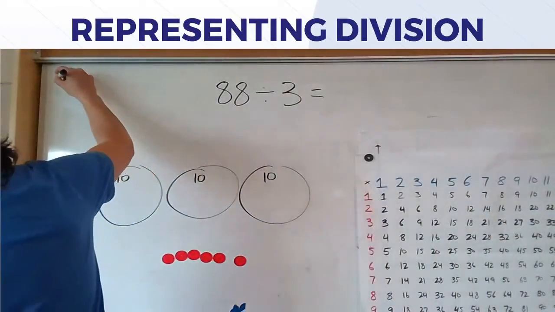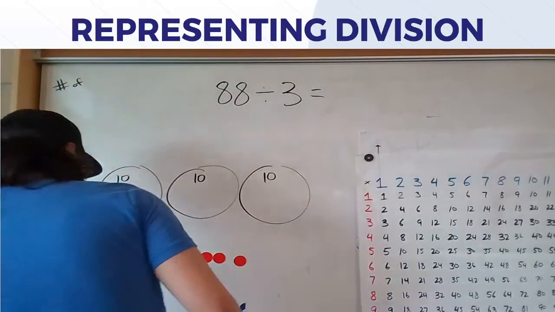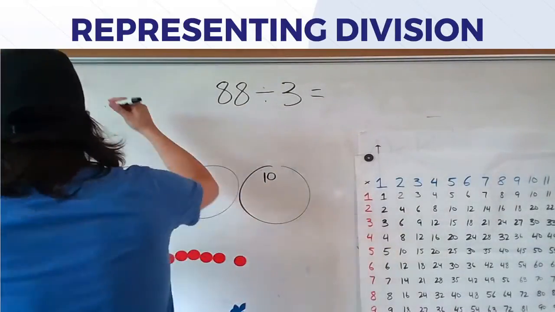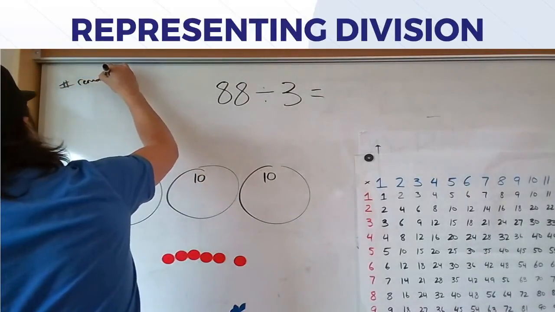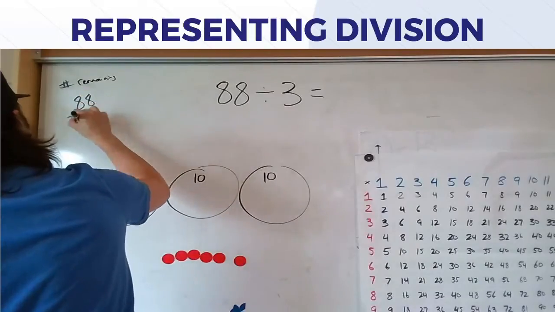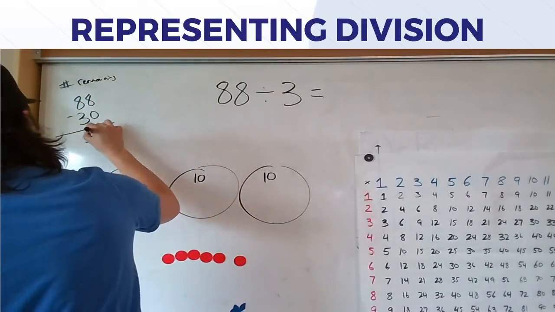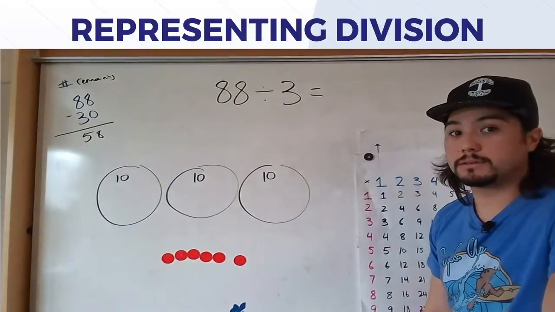So let's keep track over here. Number remaining. Okay, 88 minus 30. We have 58 left.